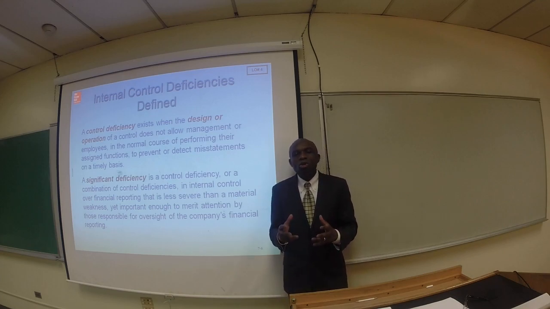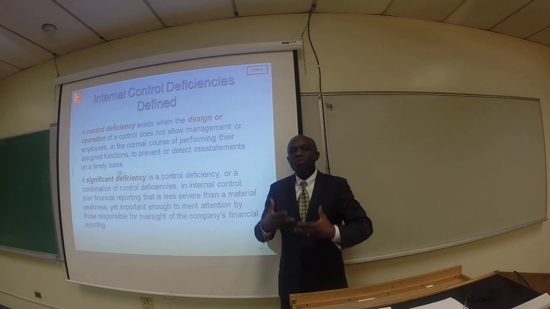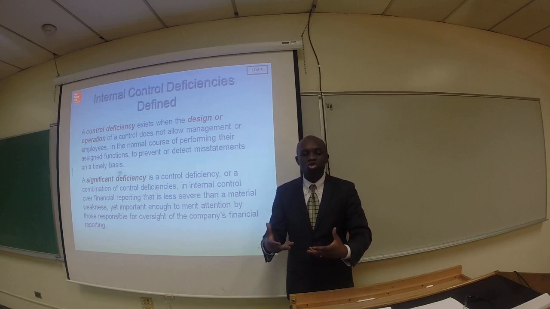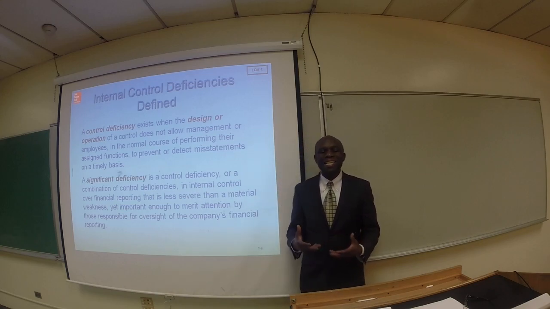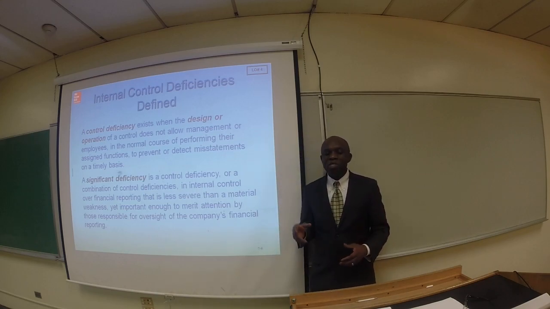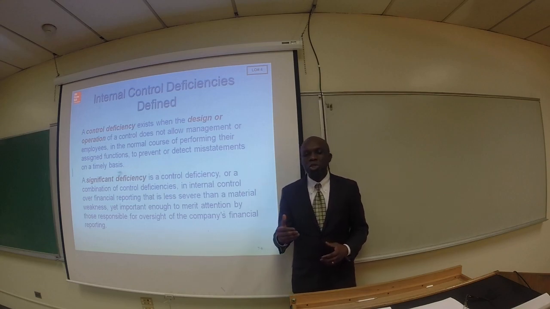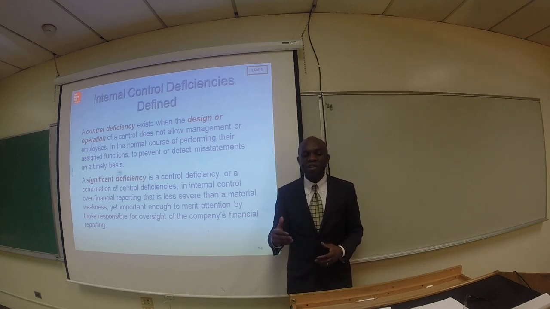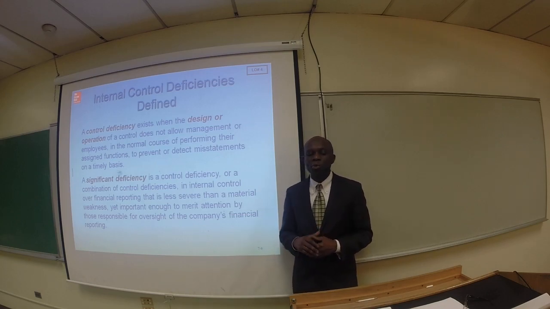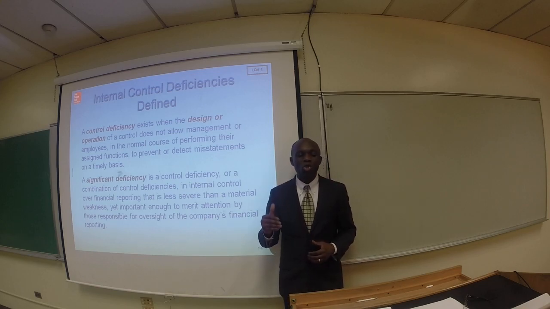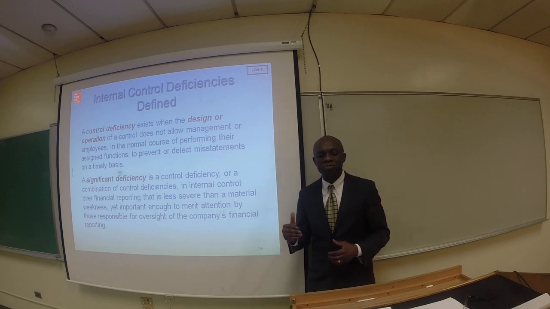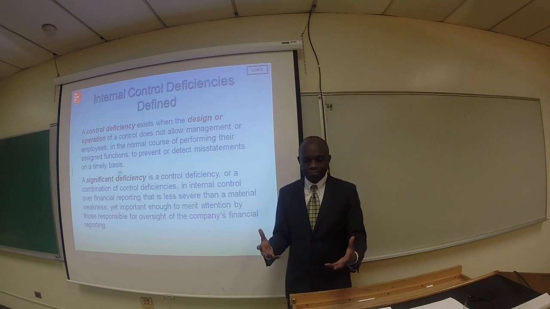Now, let's take a look at the extent of the deficiency in the control. We have what we call a significant deficiency. Here we say it's a control deficiency or a combination of control deficiencies in internal control over financial reporting that is less severe than a material weakness, yet important enough to merit attention by those responsible for oversight of the company's financial reporting. What does that mean?